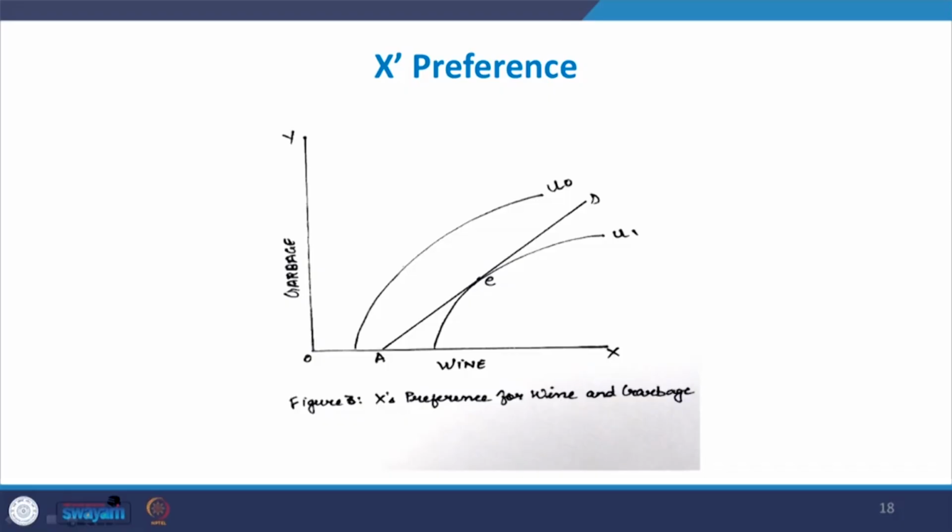This is the indifference curve of X. You can see the difference here. It is not a conventional indifference curve, because on the vertical axis we are taking garbage and on the horizontal axis we are taking wine, and this U0 clearly indicates that if you want to consume more wine, you have to consume more garbage in order to keep the utility constant.